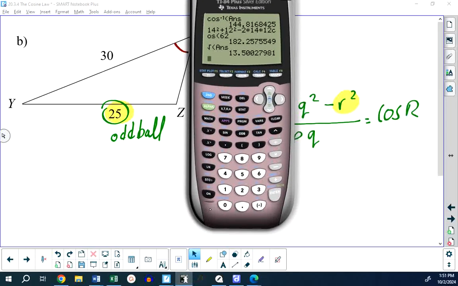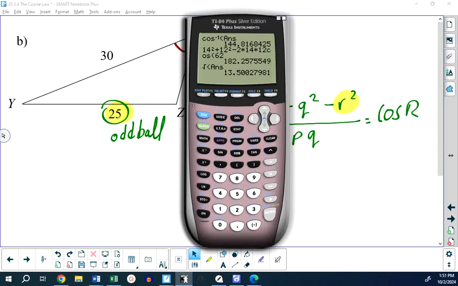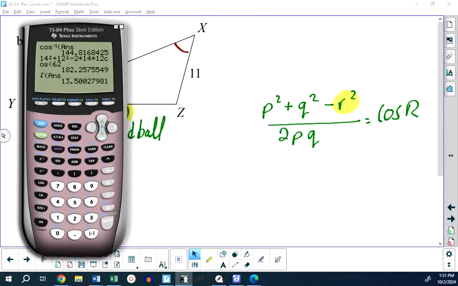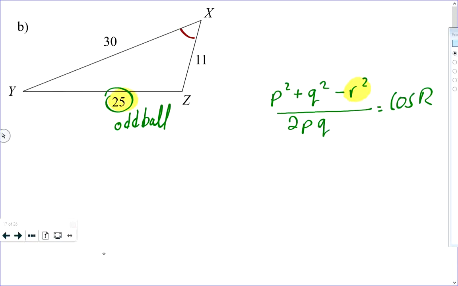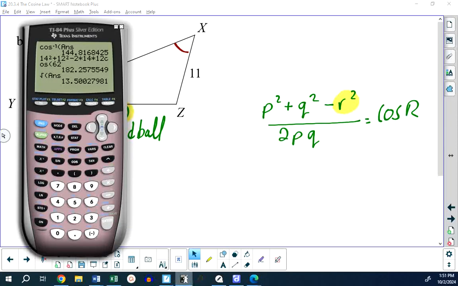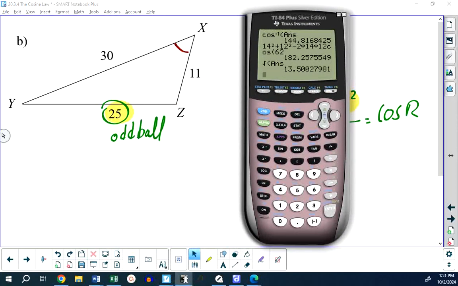So I have to take, give myself a bit more room. I can't do that. I have to take 11 squared plus 30 squared and subtract 25 squared and divide that by 2 times 30 times 11, which is 660, I think.